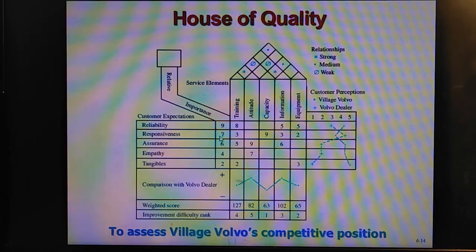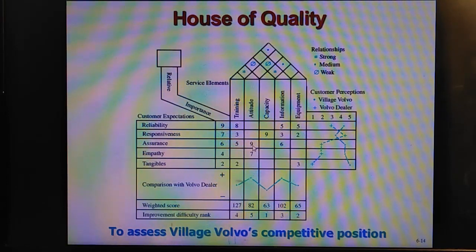You can measure this in a relationship situation in which you measure the reliability with respect to training, which is known to be high. If the training is high, I think the reliability will be high. Same for the service element of attitude. Say attitude of the service provider, like the manager, the assistants, and also the mechanic.